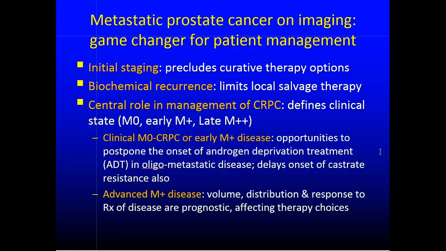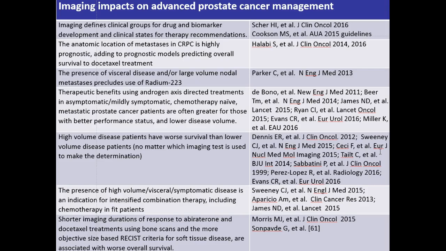Well, if you look at the literature very carefully, you can find very good evidence of the impact of imaging on prostate cancer management in patients with advanced disease. And I've just laid these out on this slide. I just wanted to highlight one paper that was published in 2006 by Halabi.